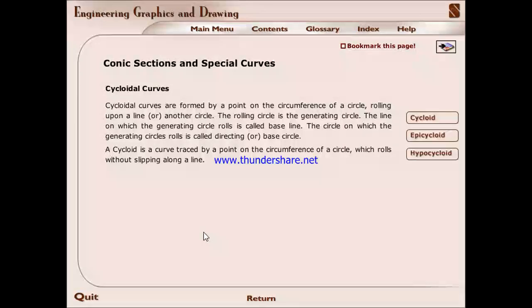The line on which the generating circle rolls is called the baseline. The circle on which the generating circle rolls is called the directing or base circle. Now define cycloid. A cycloid is a curve traced by a point on the circumference of a circle which rolls without slipping along a line.